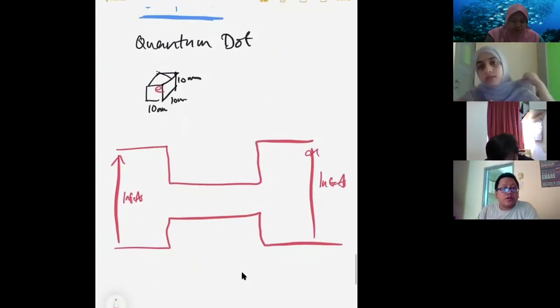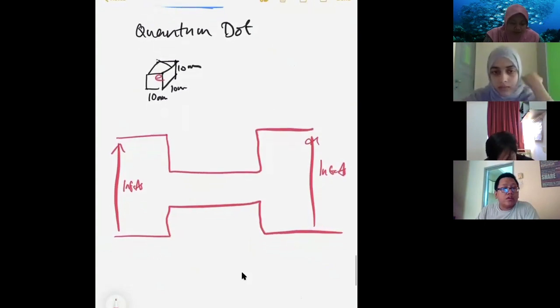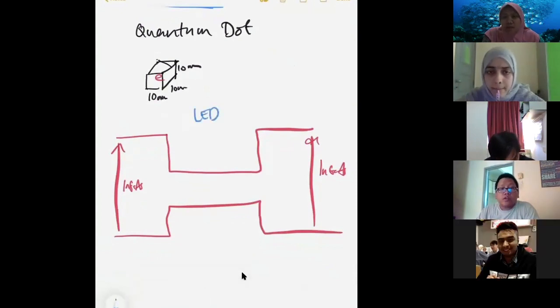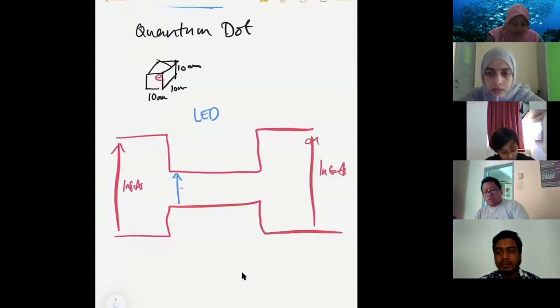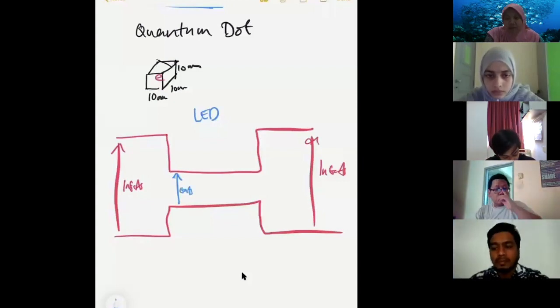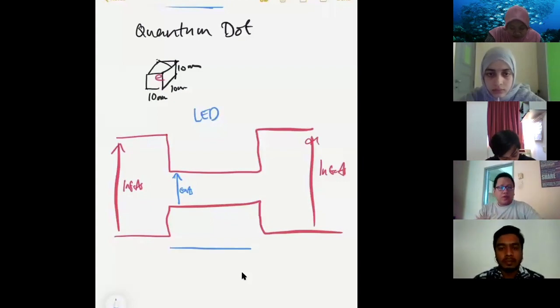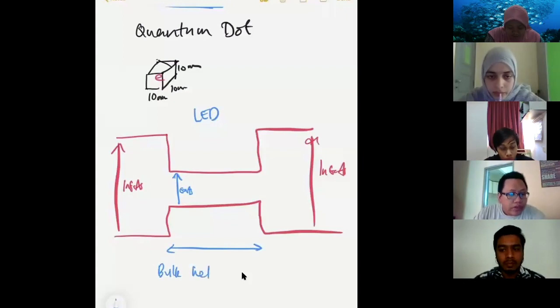So this is the heterojunction. It can be an LED, a laser, any diode, even a solar cell. You have a big semiconductor sandwiched by a smaller bandgap semiconductor, for example gallium arsenide here. If it's a bulk junction, this length will be 100 micrometer or 1,000 micrometer.